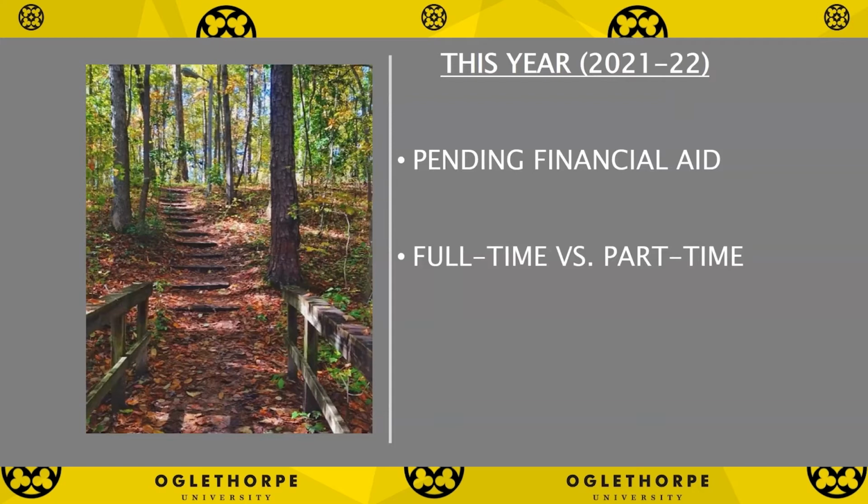However, please understand that everything up to this point has been built on the assumption that you are going to be a full-time student. If a student is part-time, it's going to affect both tuition and financial aid. So if you're in a position where you have to be part-time in the fall semester, let's please talk about that, because that's going to have a ripple effect across your entire financial account.